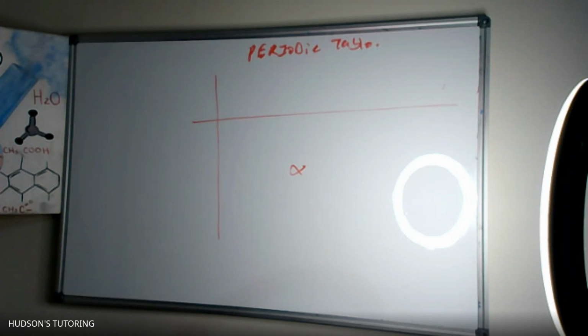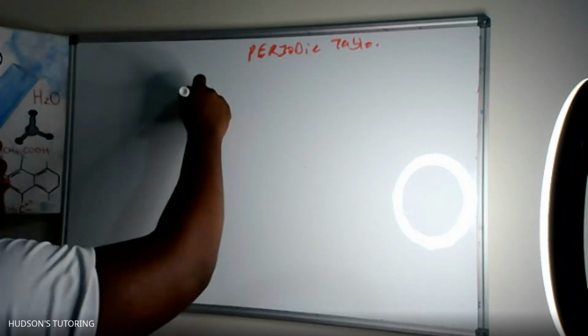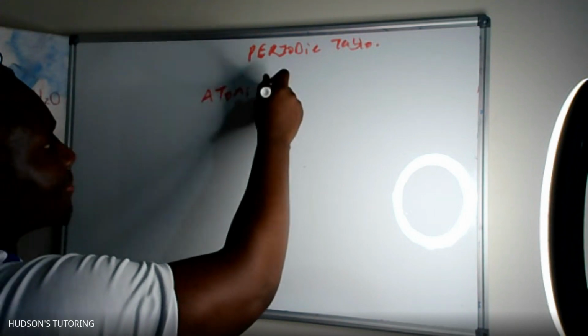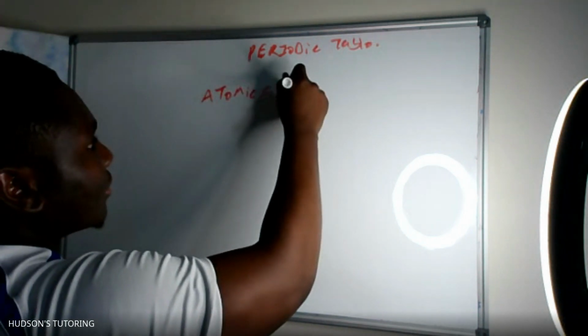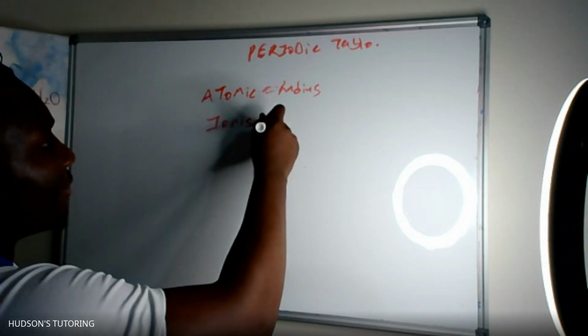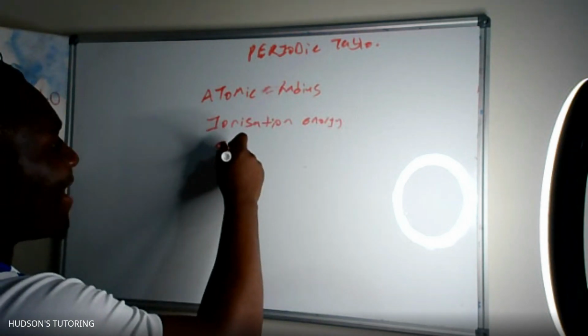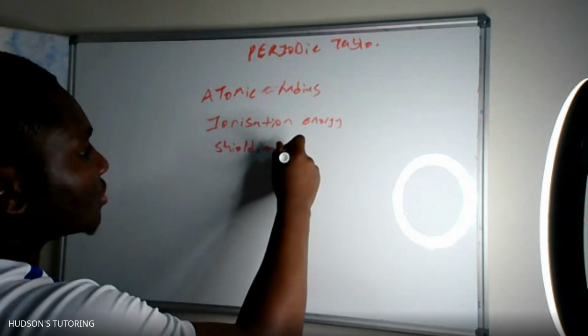Now, once you're talking about the periodic table, there are certain characteristics and parameters that we have to study. Let's talk about them. One, we have to know what atomic radius is. We have to know what ionization energy is. We have to know about shielding effect and nuclear charge.